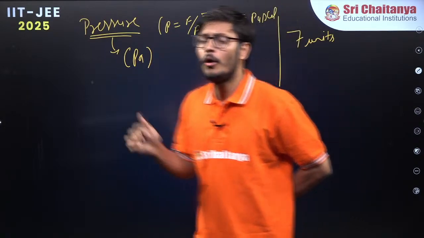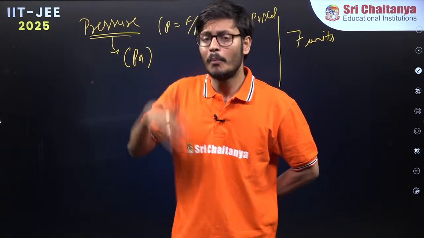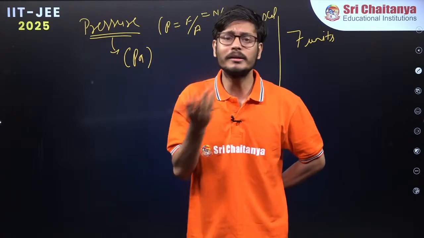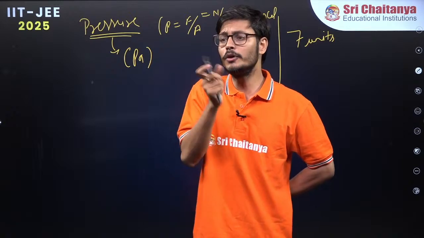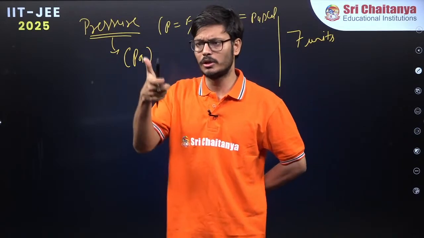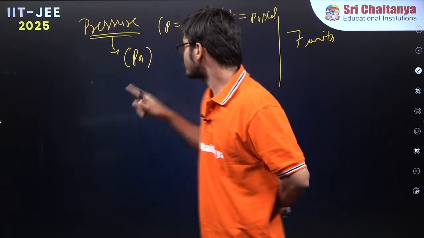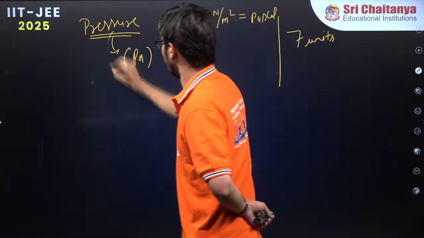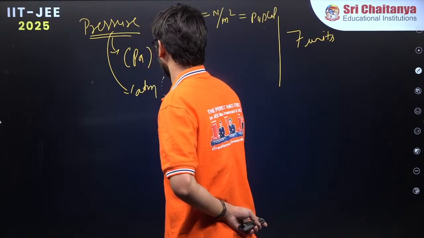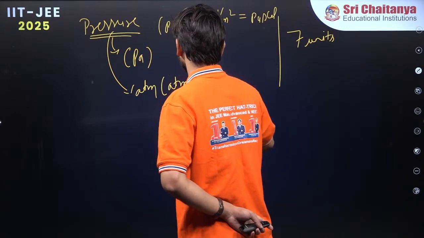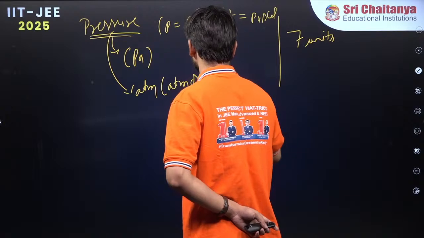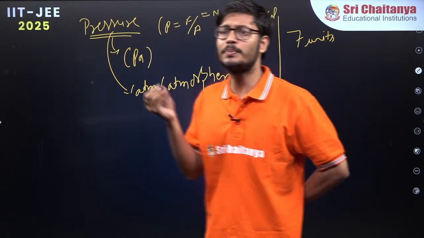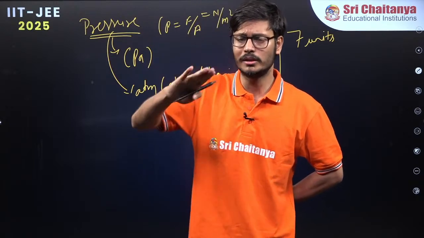Now in our study of chemistry, most of the time we are not going to use Pascal. Pascal we will be using in physics, but not in chemistry. In chemistry we generally talk in terms of atm, the atmospheric pressure. 1 atm is the pressure present in the atmosphere at sea level.